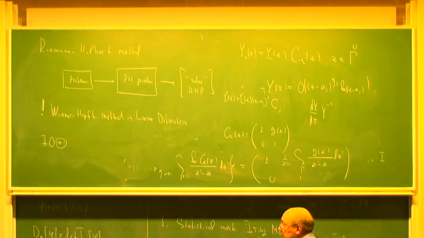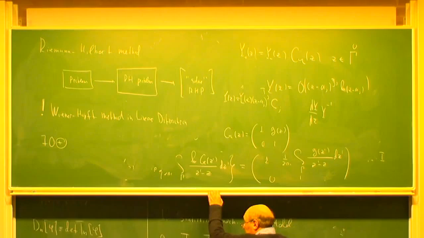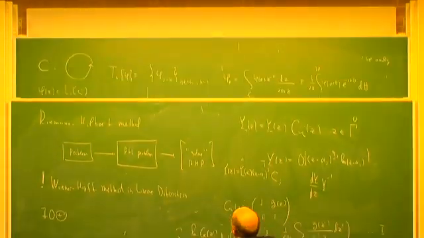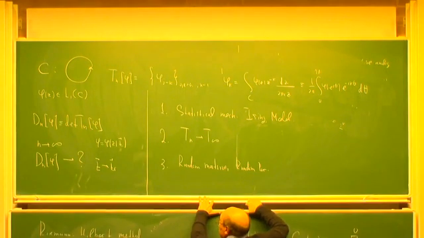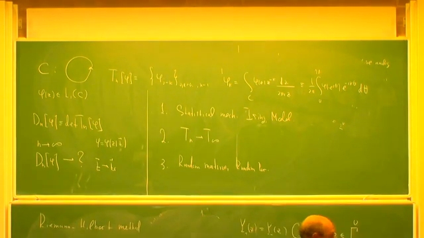Now, what are the classical facts? What do we know? What are the classical facts about Toeplitz determinants which we use?